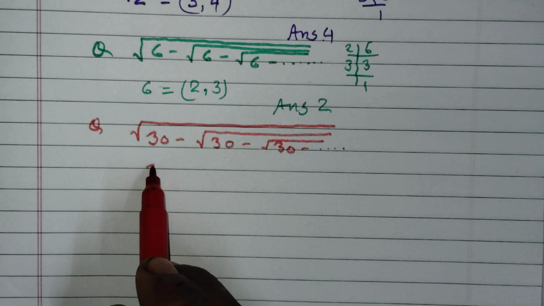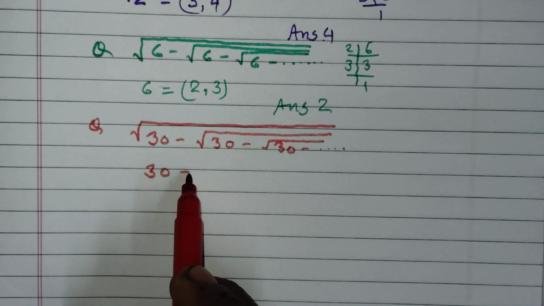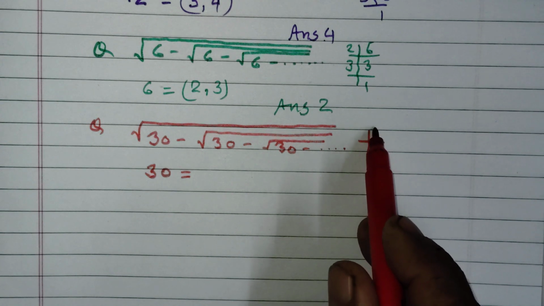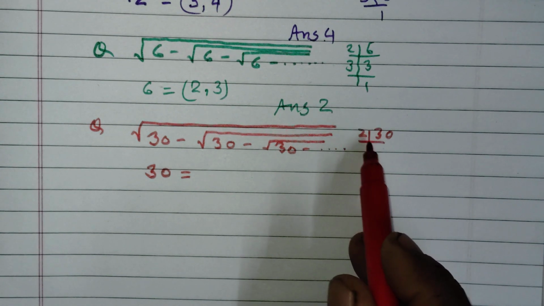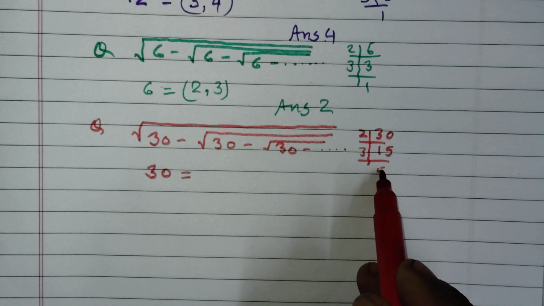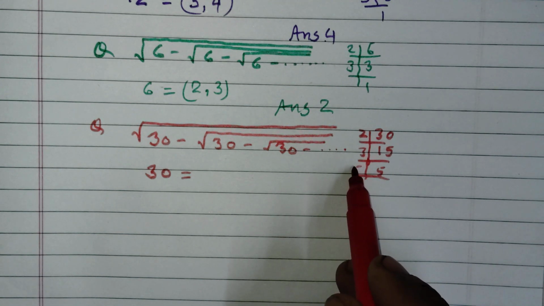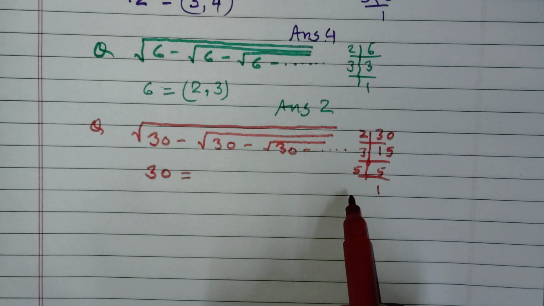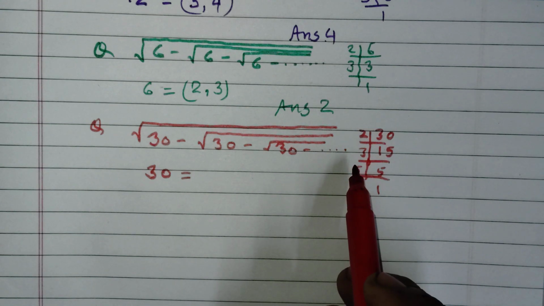So we find the factors of 30. We divide by prime numbers: 30 divided by 2 is 15, divided by 3 is 5, divided by 5 is 1. So there are 5 and 6 as factors, also 10 and 3, and also 15 and 2.